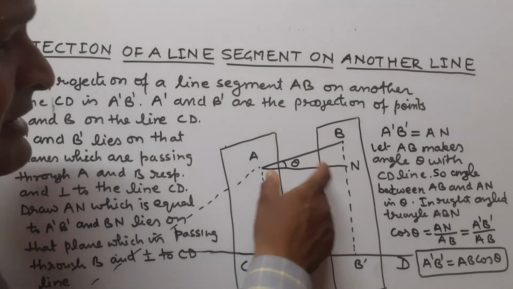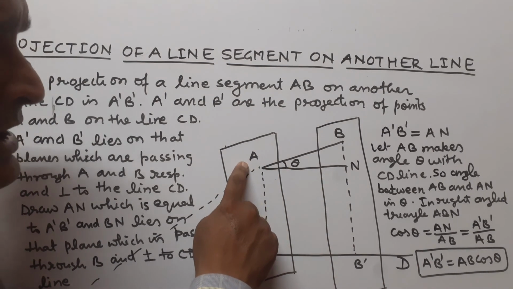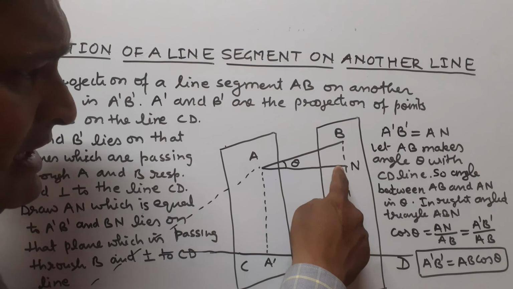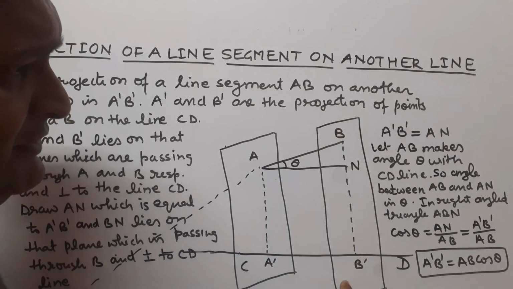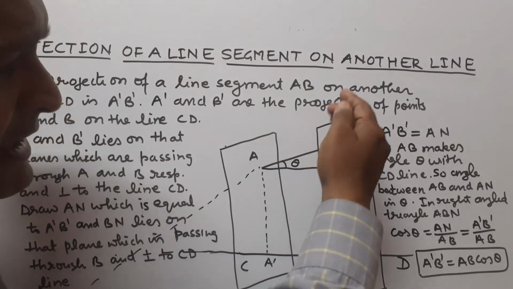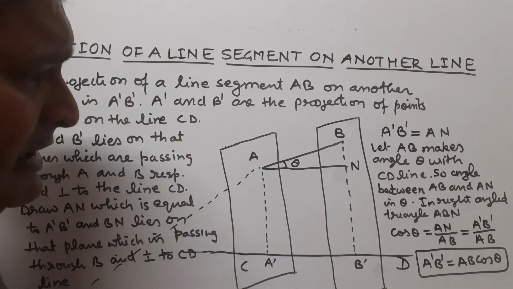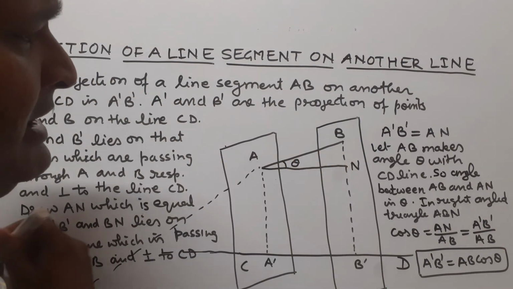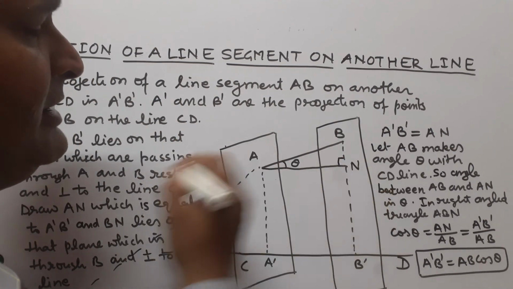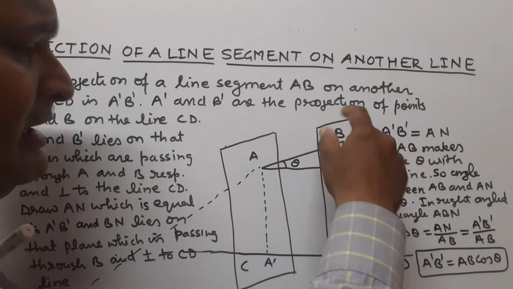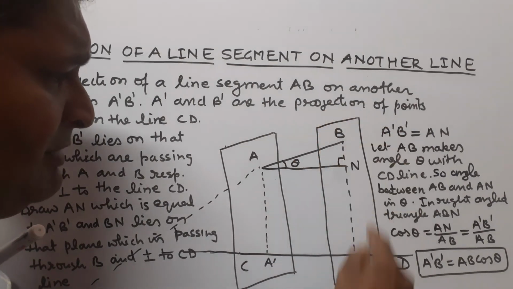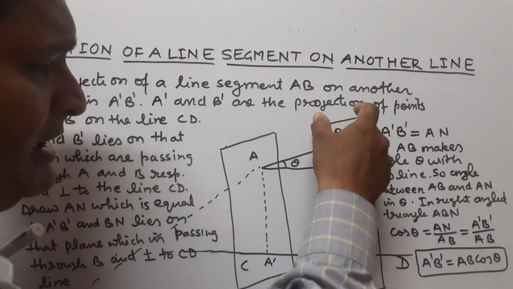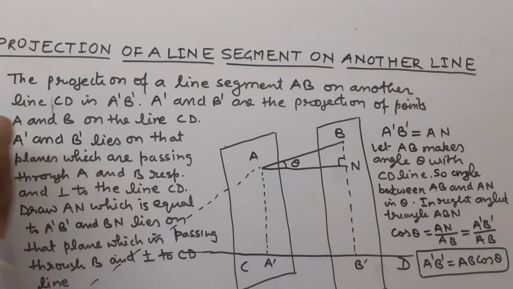Here AN is drawn from point A, and N lies on that plane which is passing through point B and perpendicular to the CD line. So angle ANB is 90 degrees. Here BN lies on that plane which is passing through point B and perpendicular to the CD line.